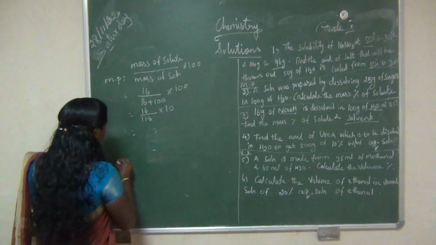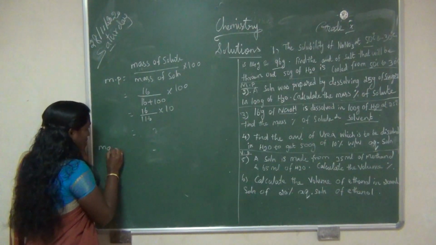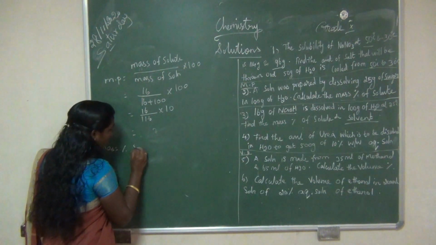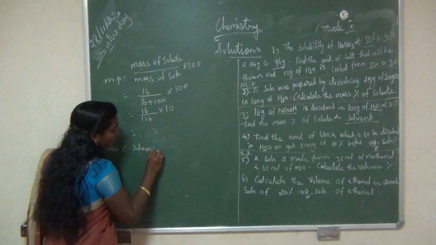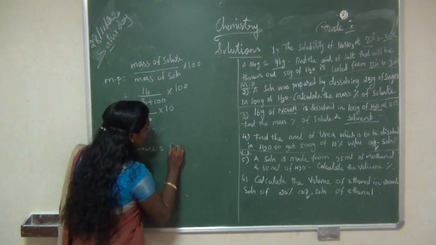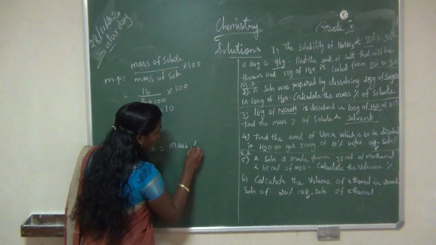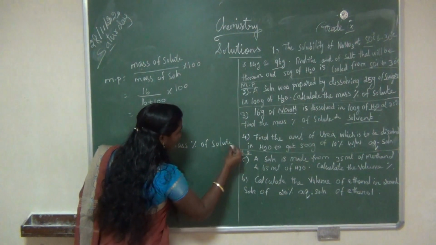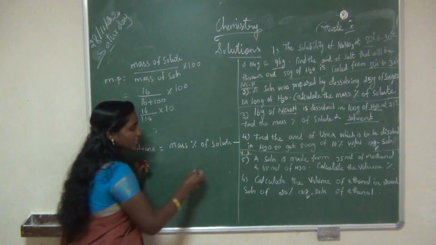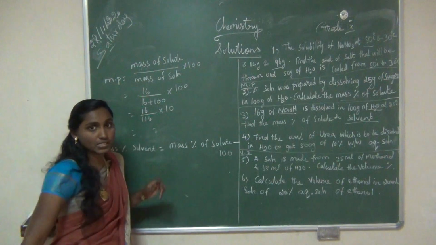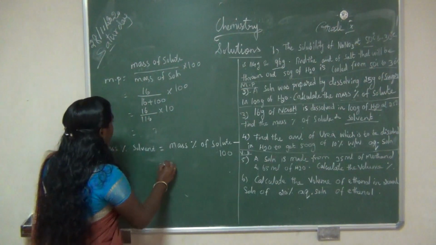So mass percentage of solvent is equal to mass percentage of solute minus 100, or 100 minus mass percentage of solute.